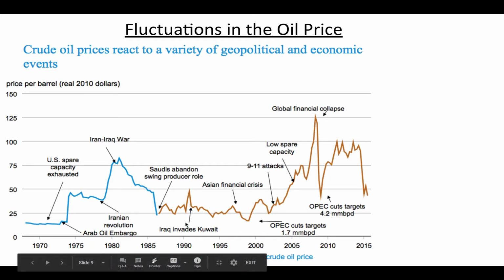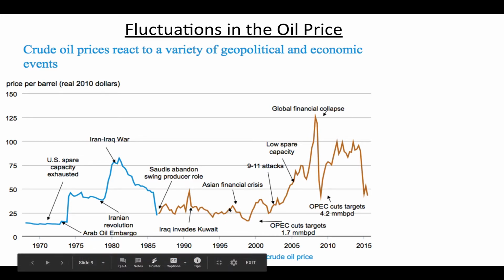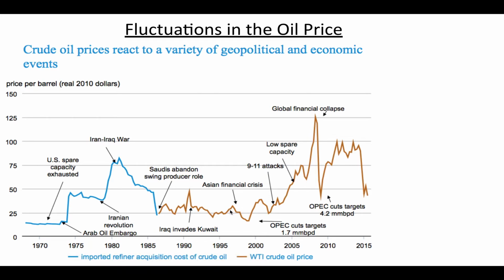Over here, then, we've got Iraq invading Kuwait. That leads to a spike in the oil price and then a fall again. The Asian financial crisis. Now, this is an interesting one. Where we've got a financial crisis, an economic problem, and loads of people, for example, lose their jobs or companies start shutting down because they can't keep going.